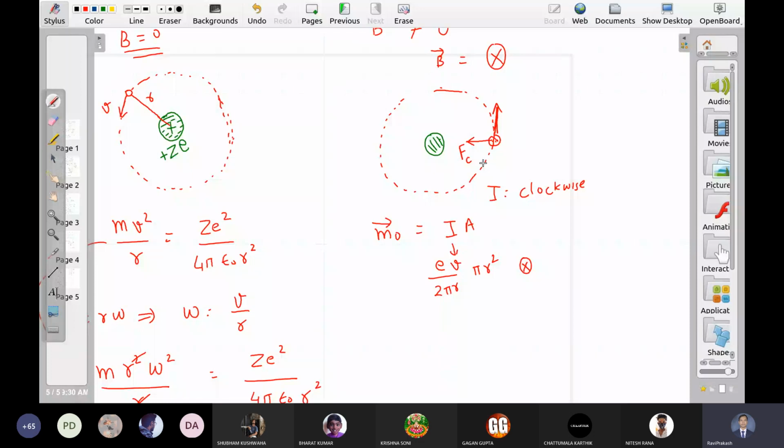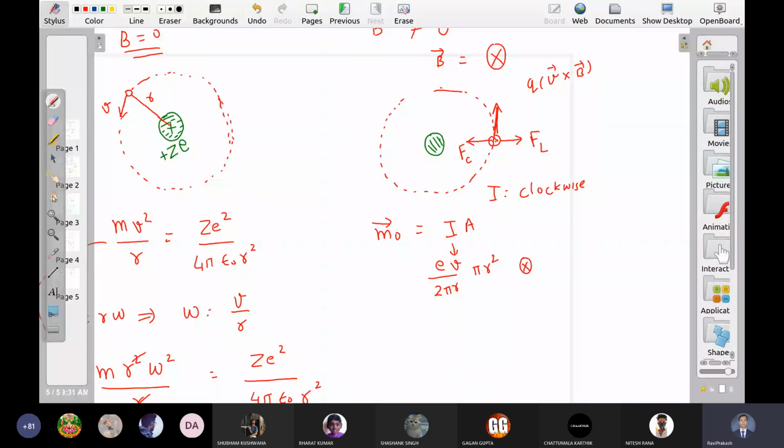Is it along the Coulomb force or opposite to the Coulomb force? Opposite to the Coulomb force. So q times v cross B, right? Now it is a negative charge, so positive is going downward, opposite, right? So this is the Lorentz force, right?